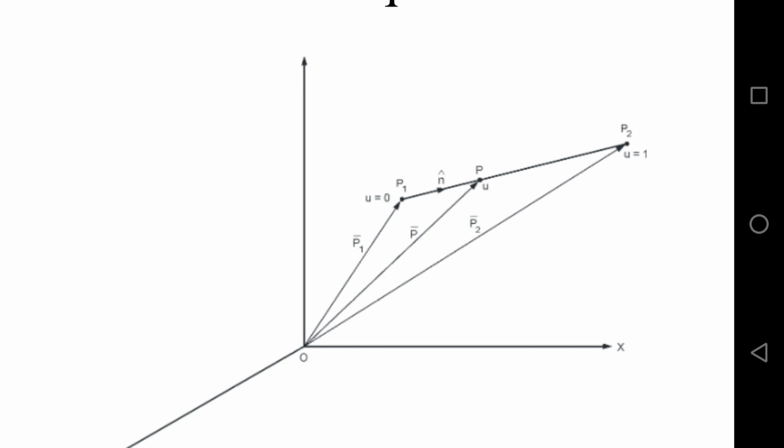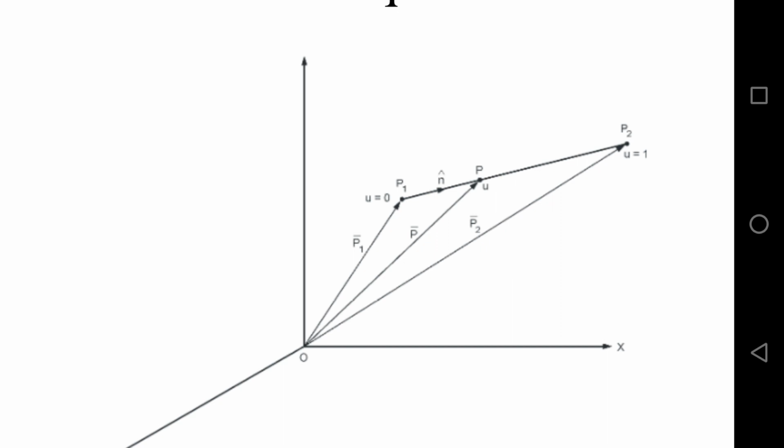This parameter u is set such that its values are 0 and 1 at points P1 and P2 respectively. So at point P1 the value of u is 0, and it varies until the end, that is P2, where it has the value of 1.